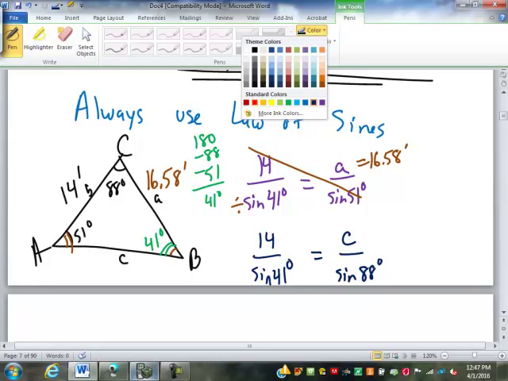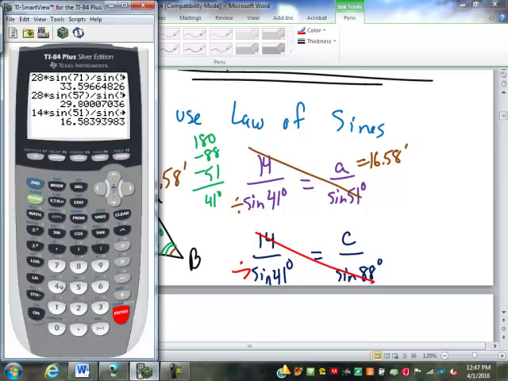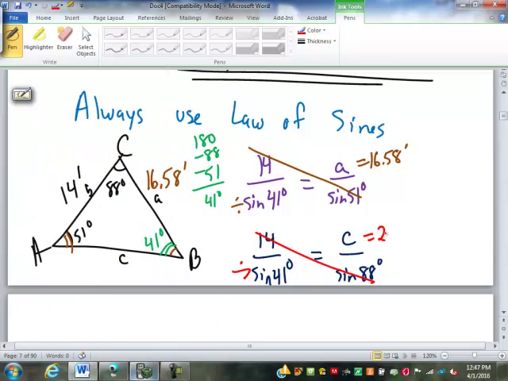Now we expect C to be larger than both of those. So we'll cross multiply and divide, and hopefully it's bigger than either of them. 14 times sine of 88 divided by sine of 41. 22.33 it comes out to be. And yes, it is bigger than either one of those.